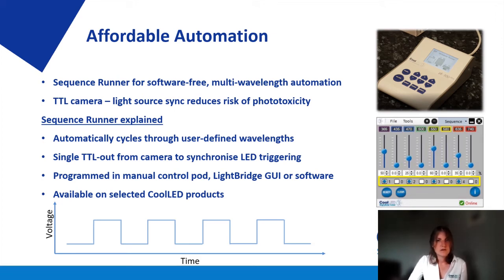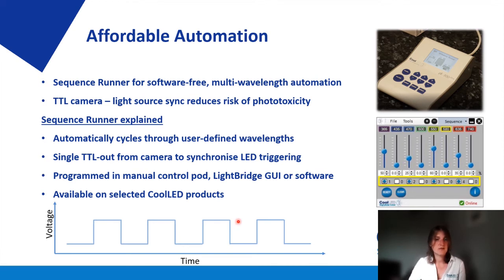So once you set up your LED sequence on a manual control pod or Lightbridge graphical user interface or on software, press go, and this sequence automatically synchronizes to the camera. And when the light source receives a TTL signal, the next LED is triggered, and so on.